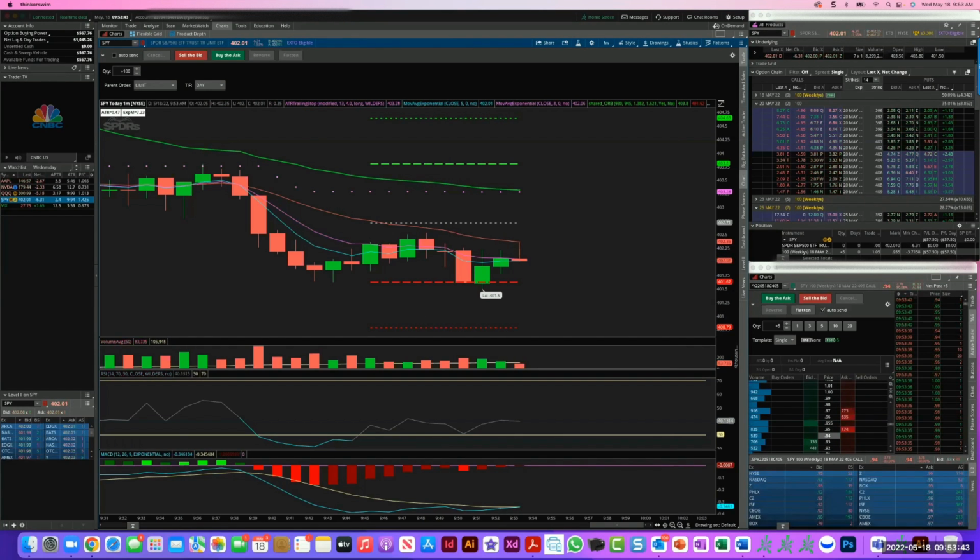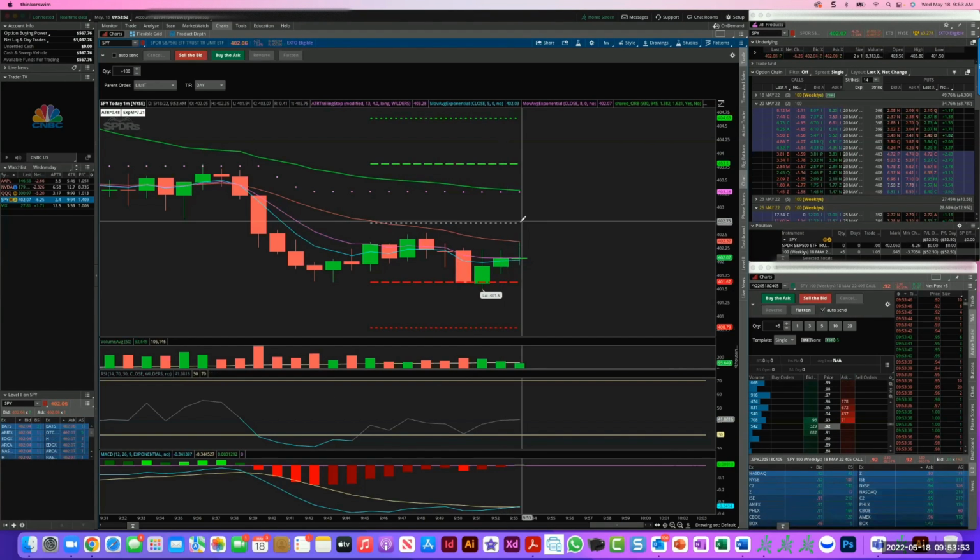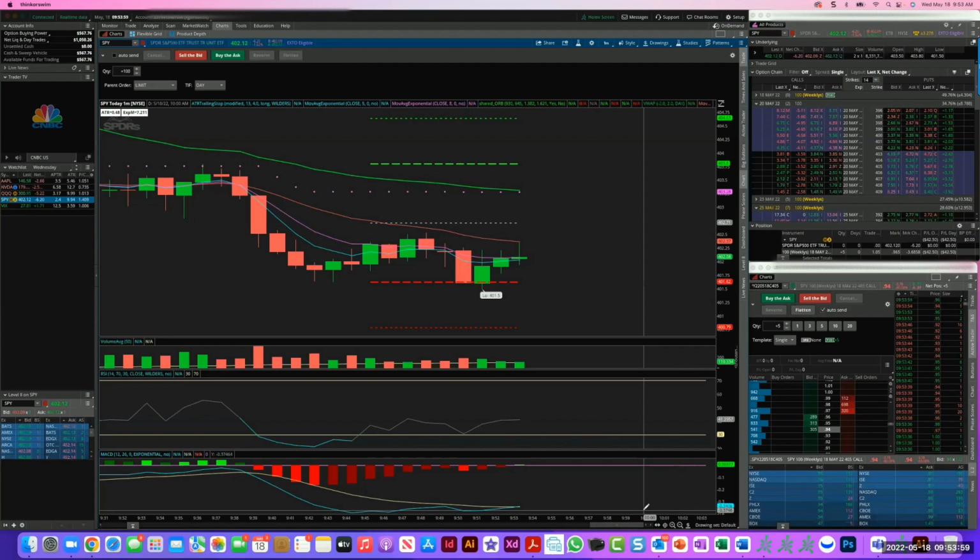So for the SPY, the 5-day EMA on the daily chart is at 402.46. So once we get above this fib level here, then we can feel fairly comfortable that the SPY will have support to the upside.